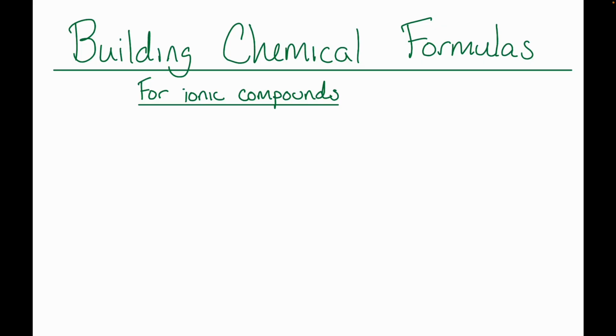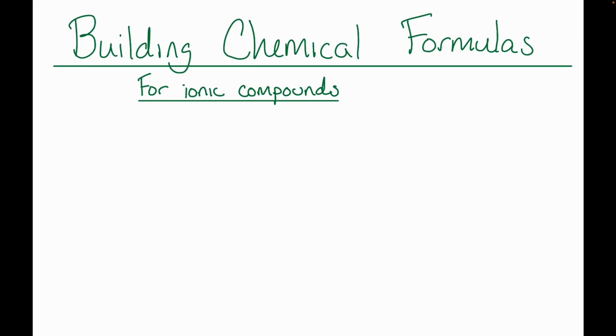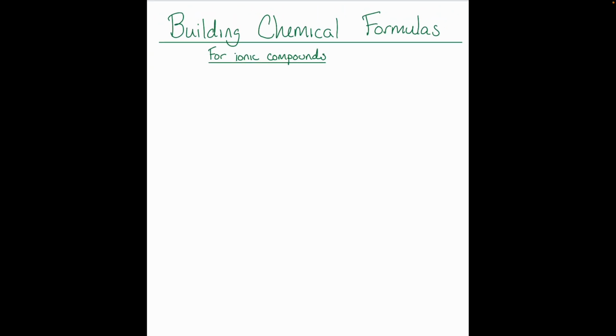Importantly, these rules do not apply for covalent compounds, so we want to have these two in separate bins in our mind. Okay, so I'm going to leave some room up here to make some notes, but I just want to put an example down. All right, we're going to take sodium and we're going to take chlorine. All right, and we want to put these together in some compound. Sodium, however many I have, chlorine, however many I have, right? We're going to build one of those chemical formulas for this compound here.